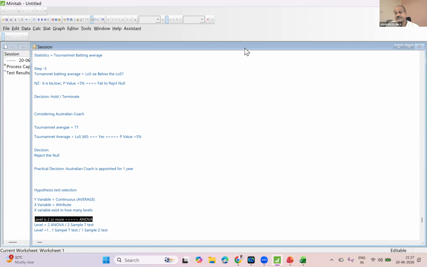Because every hypothesis test comes with a risk of 5%. Do you understand? Every time we decide based on the sample, we must agree there is a risk we are experiencing. Yes or no? The weather department predicts rainfall and declares a holiday for all the schools, colleges, government offices, private offices. But the next day, there is no rainfall.